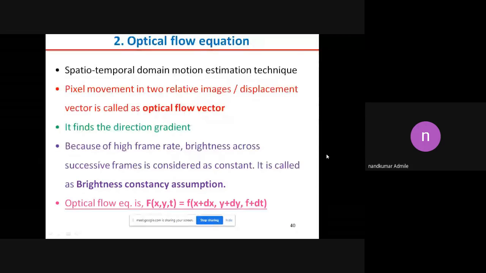So how do we detect motion, how an object moves from one place to another place? If the object is moved from one place to another place, then that object moves with respect to time.